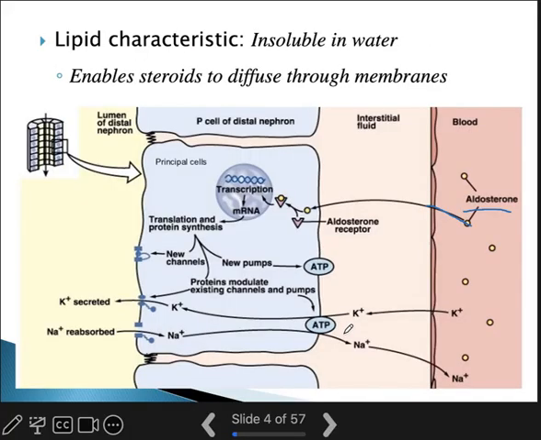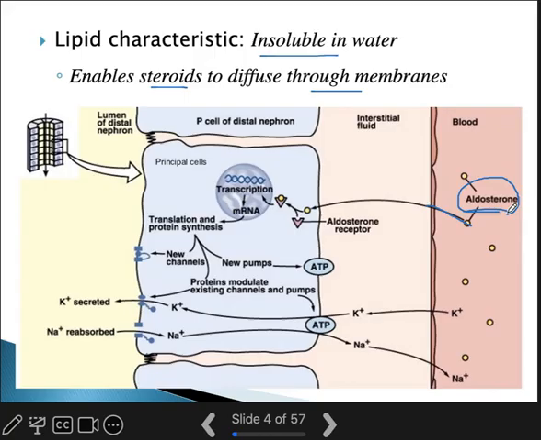Now, all of the steroids have that uniting lipid characteristic of being insoluble in polar solvents. And this is in fact what enables steroids to diffuse through cell membranes and affect cells at a very intimate level. We can look at aldosterone. Aldosterone is a hormone that's involved in regulating our body's salt concentrations, especially potassium.